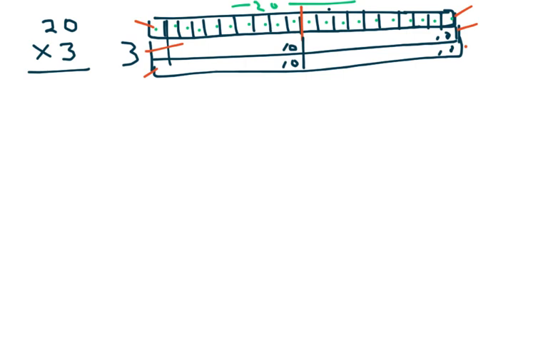So the answer is we have 60 squares, 60 square units in this rectangle. And if we marked them all out here, you'd get 60. Okay, so there's a model of how to multiply 20 by 3.